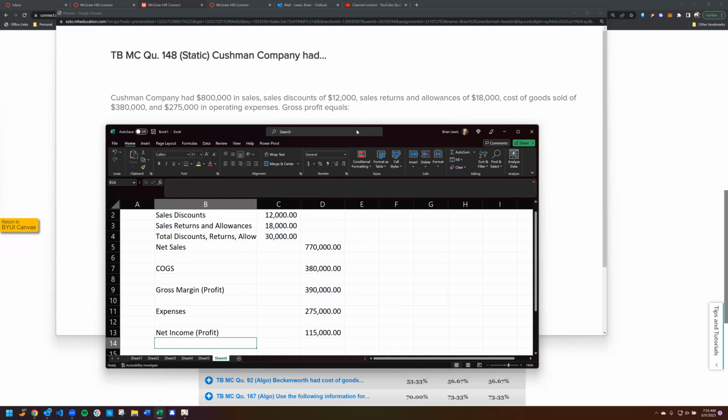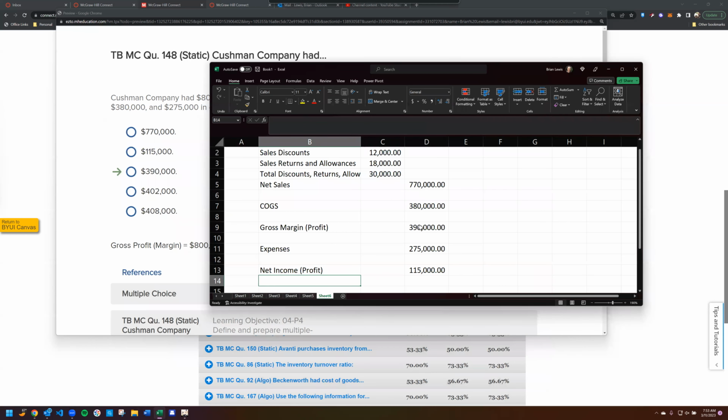Okay, with that in mind, now let's look at our options. It says gross profit equals. Okay, so this should be our number. Let's see what they're looking for. Okay, 770 ends up being your net sales. So no, that's not profit. 115 is your net income. No, that's your net income.